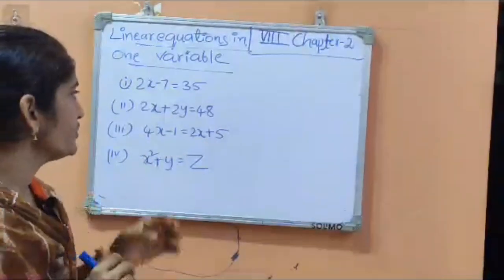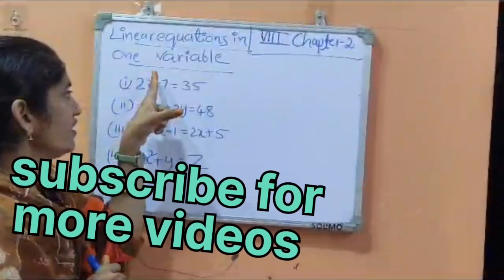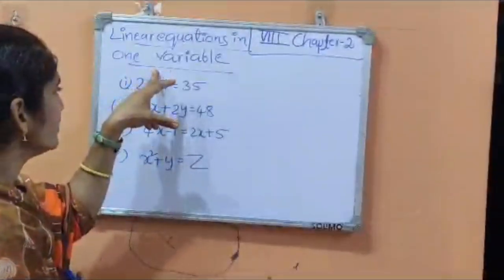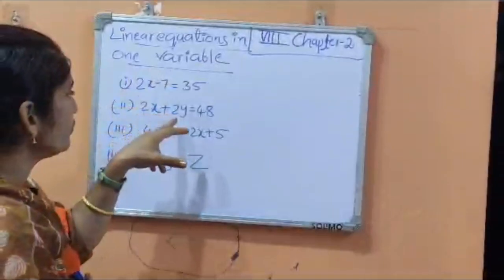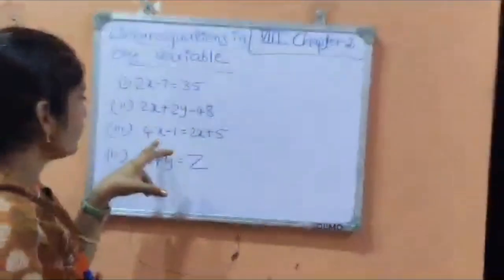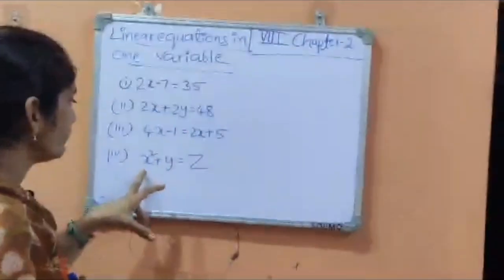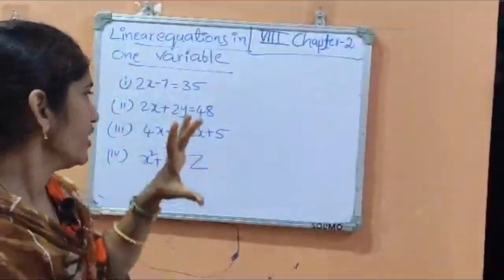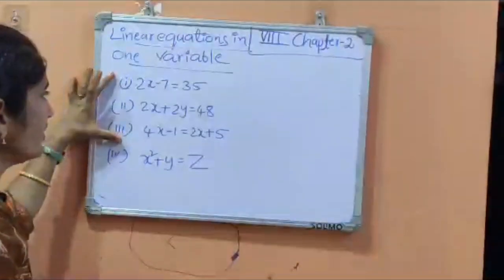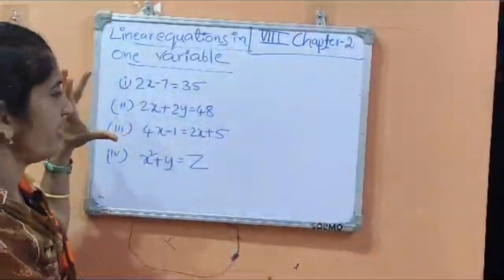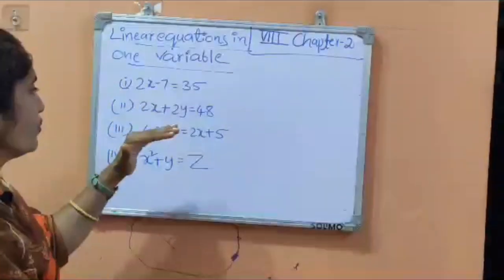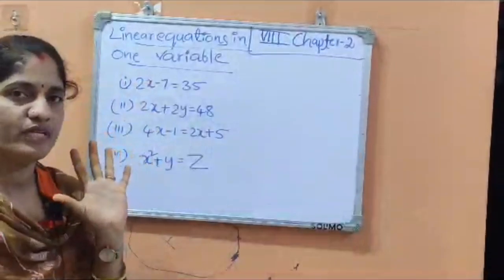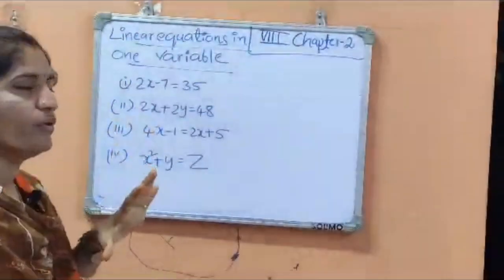At first, if you observe the degree of the variable, in equation 1 the degree is 1. In equation 2, the variable degree is 1. In equation 3, the variable degree is 1. In the 4th, the variable degree is 2. So these three have degree only 1. In equations 1 and 3 there is only one variable, and in equation 2 there are two variables.